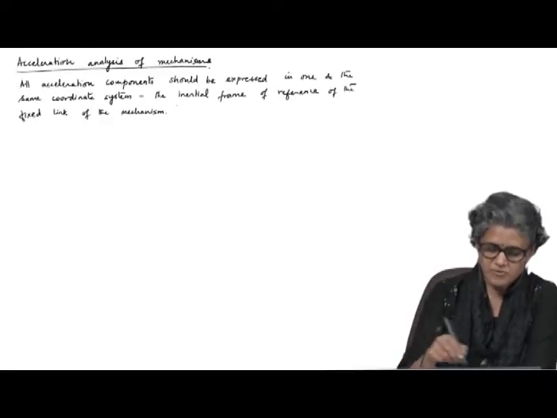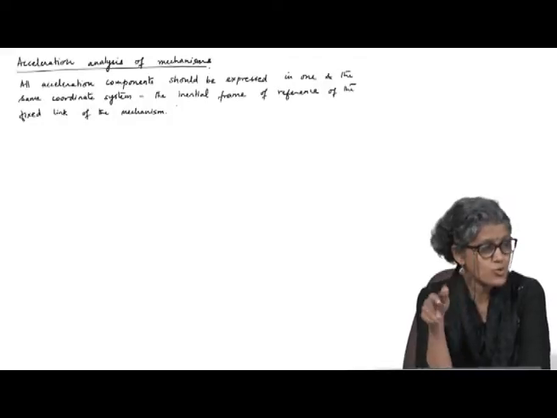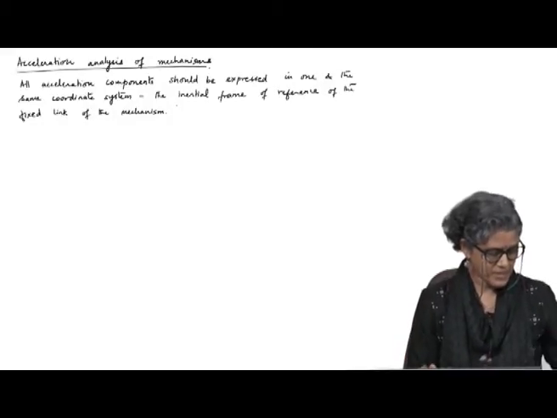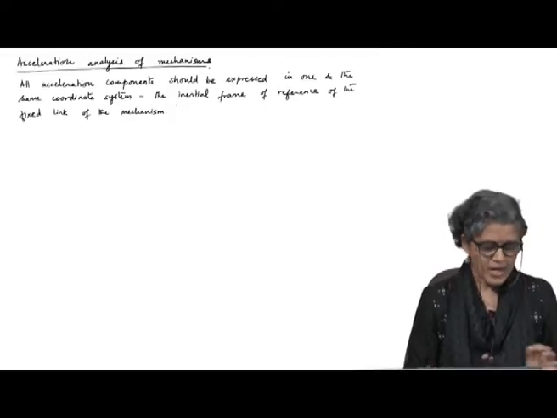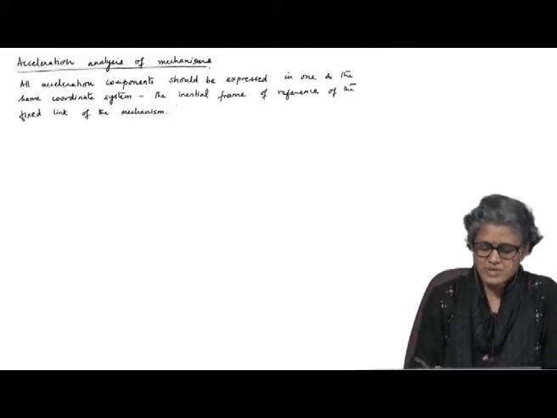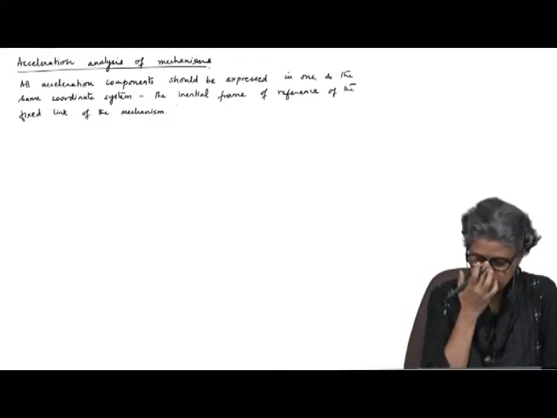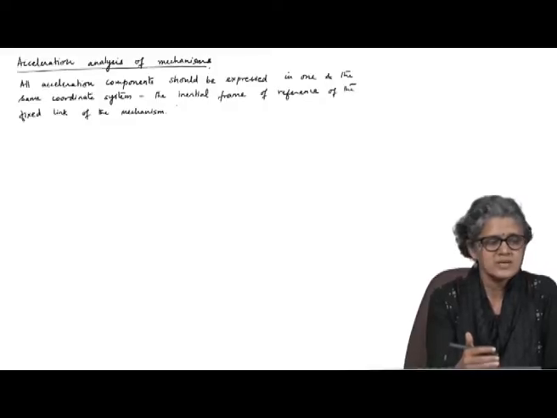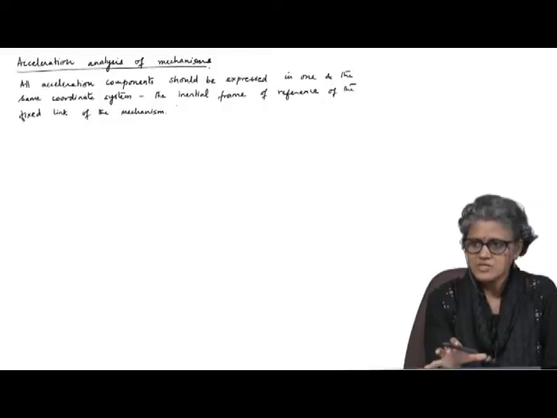The path of the point of interest should be known in this frame in order to be able to find the acceleration. So, similar to the velocity analysis, we will look at accelerations of points that are on the same rigid body.